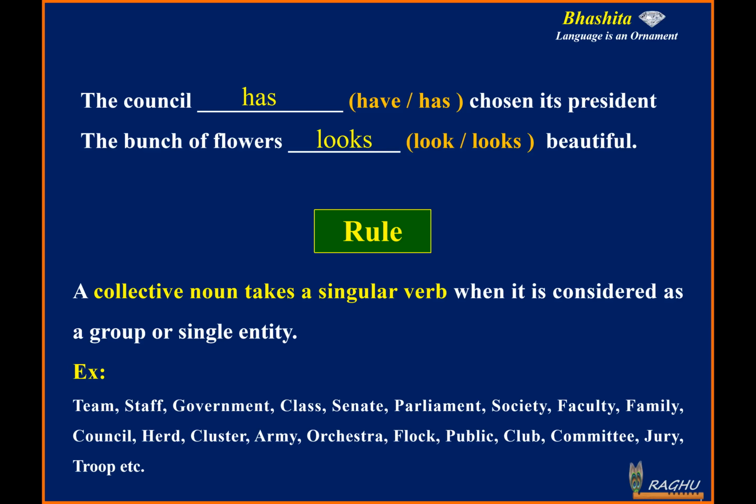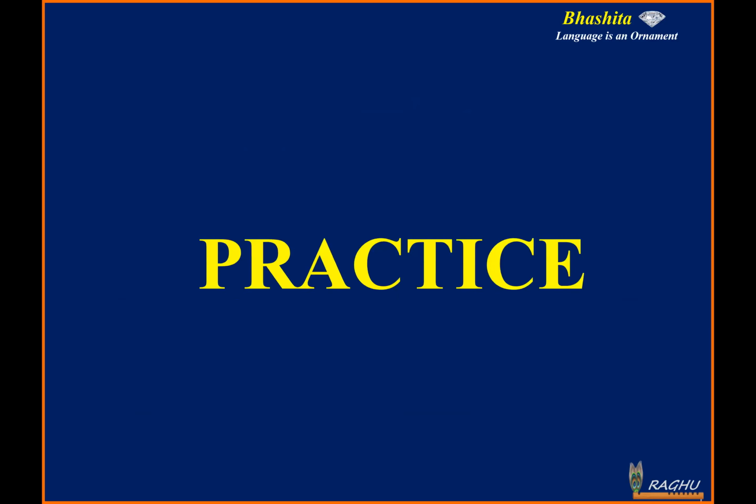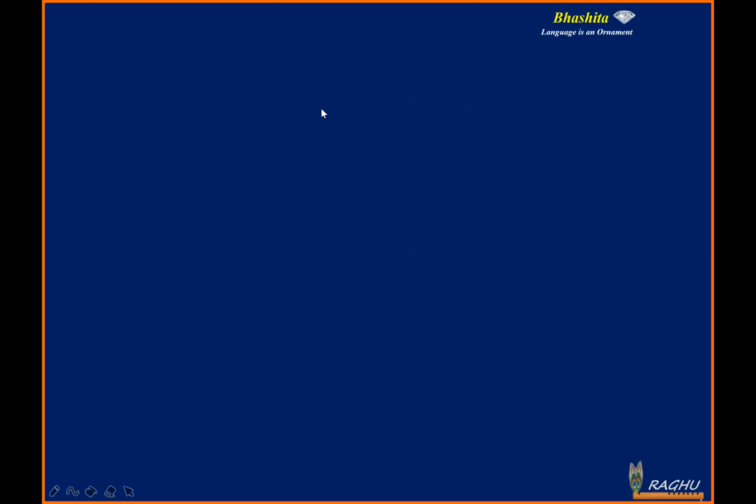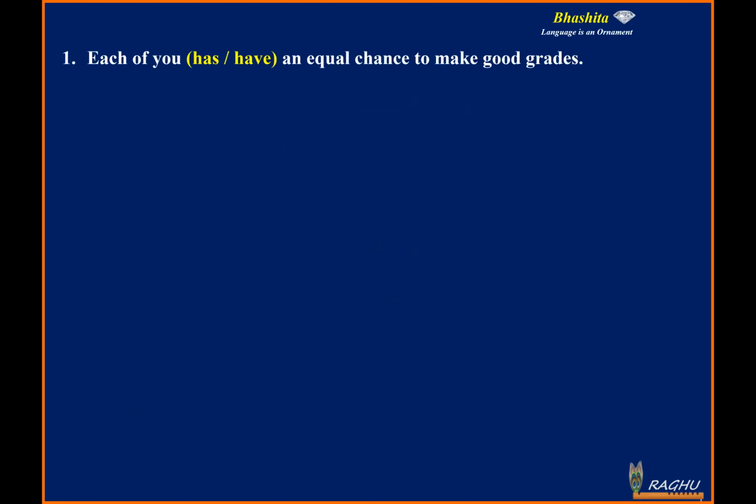So this is in brief about some important rules of subject-verb-agreement. Students, we have learned some important rules on subject-verb-agreement. Let us have some practice on them. But I am not going to give the answers.